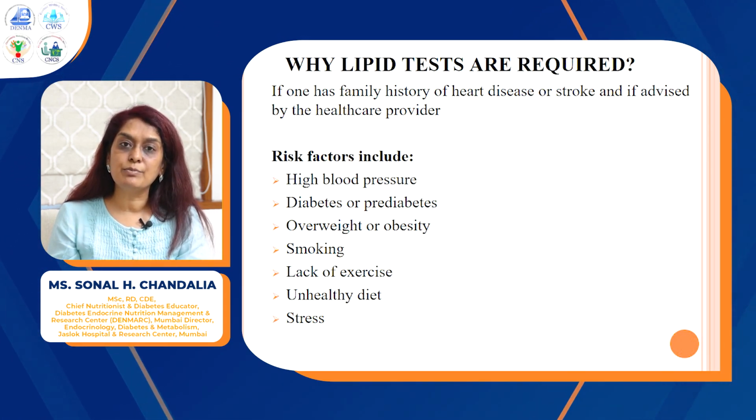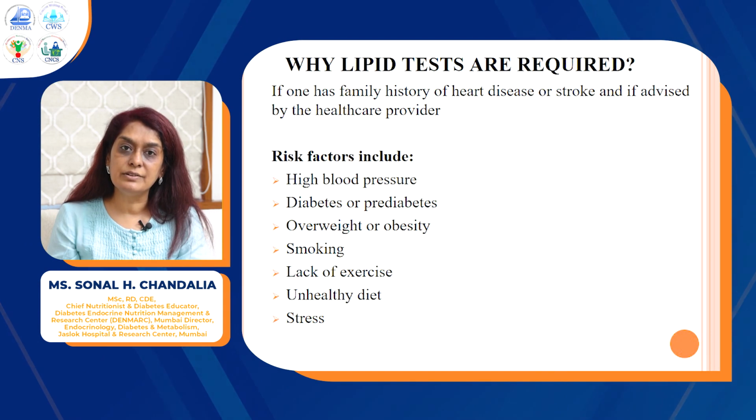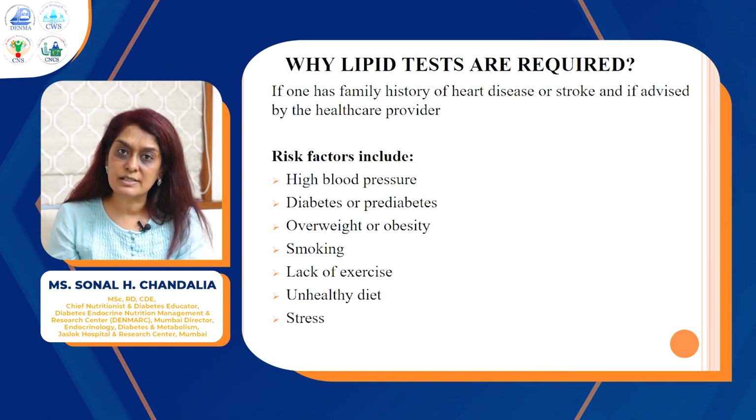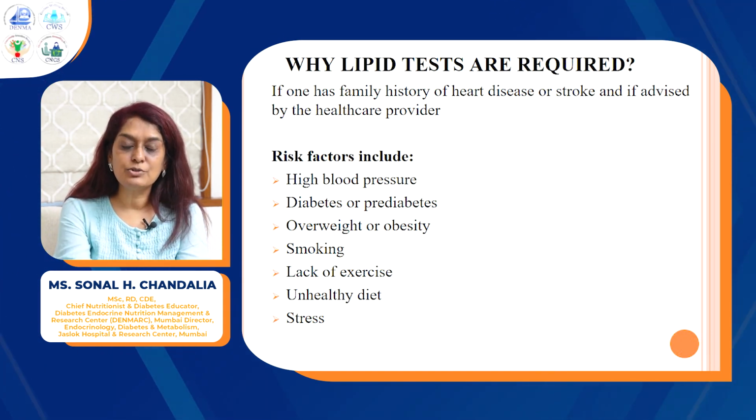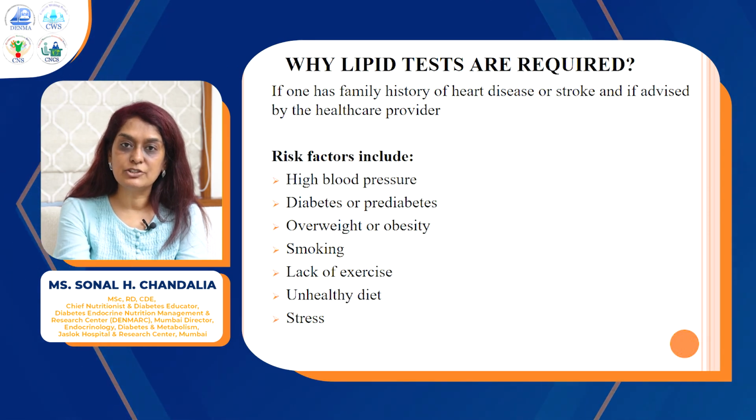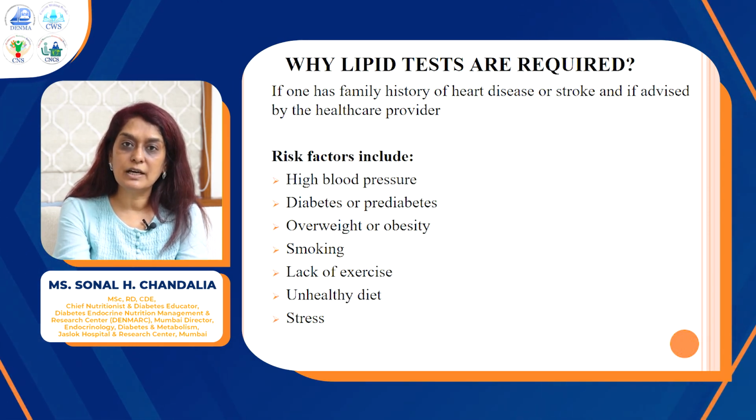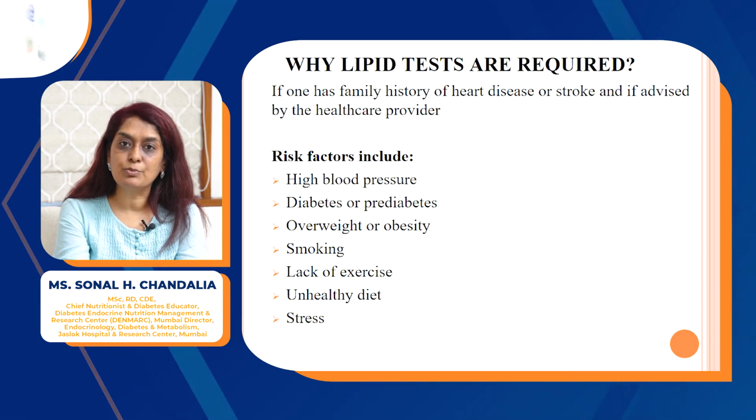So that's why it's very important to know that these may be the different risk factors existing in your life. Hence, it is important to include the lipid profile in the annual health checkup. The doctor may recommend it to be done once in 3 months, depending on what your profile is.